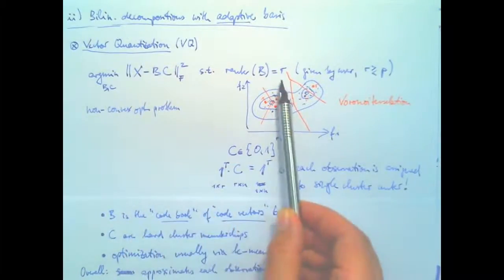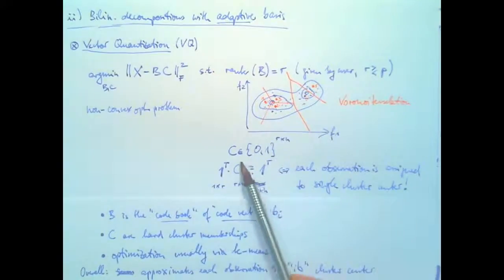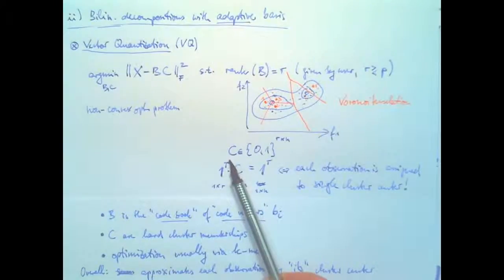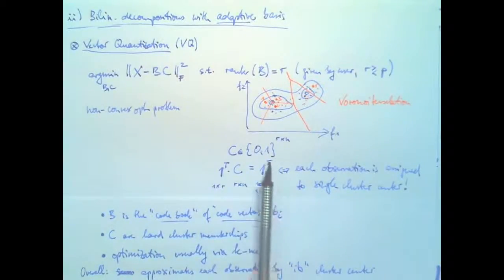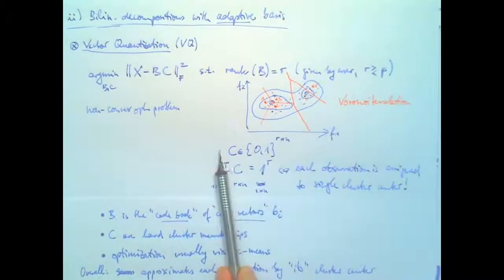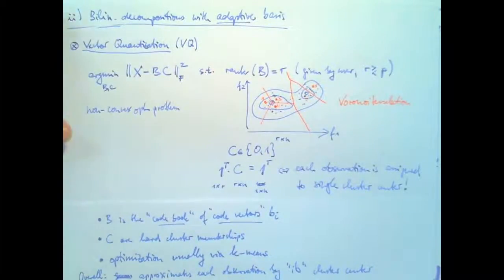What changed was that we imposed that the coefficients can either be 0 or 1, and that only for a single observation, only one of the coefficients can be switched on. So it's a small change in the formula, but a big change in what the algorithm means, what it does, and so on. So this is a binary decomposition that does something totally different.